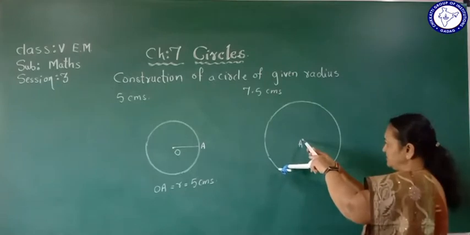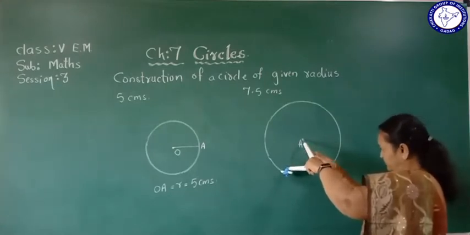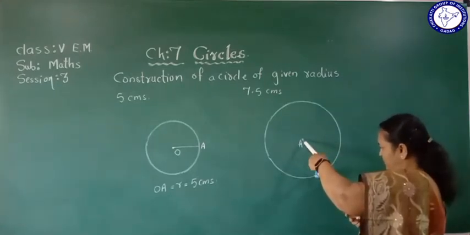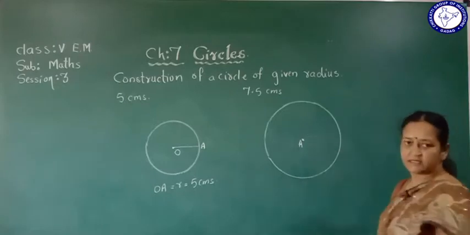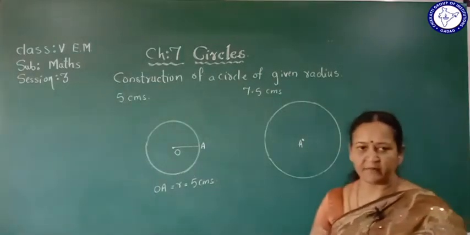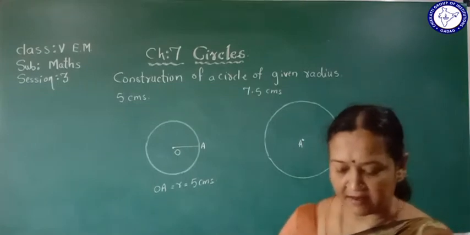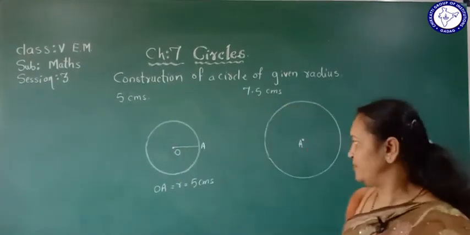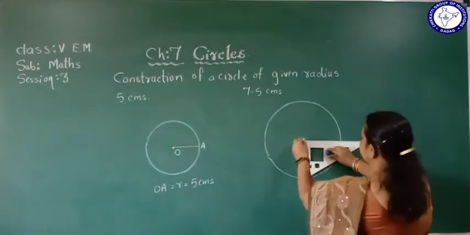See here, this is a circle of 7.5 centimeters. Then let me draw a radius of the circle.